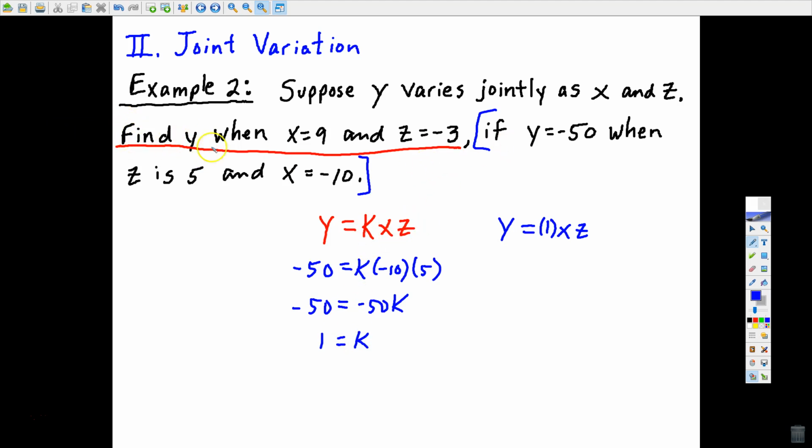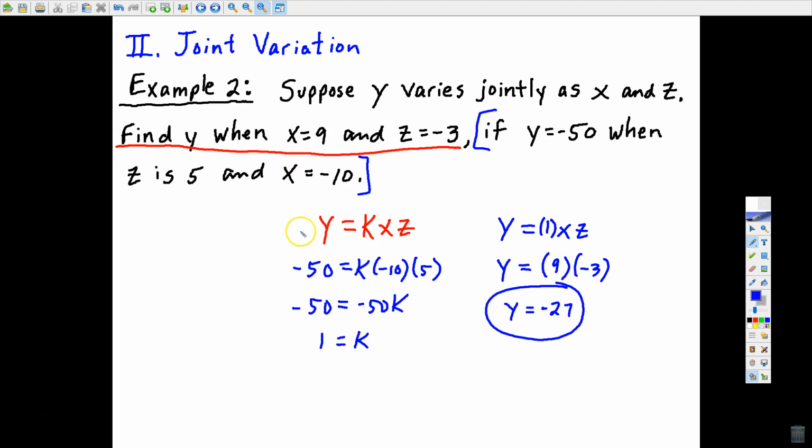What is y if we replace x with 9 and we replace z with -3? Okay, obviously it's multiplied by 1, x is 9, z is -3. We end up with our final answer, y is -27.